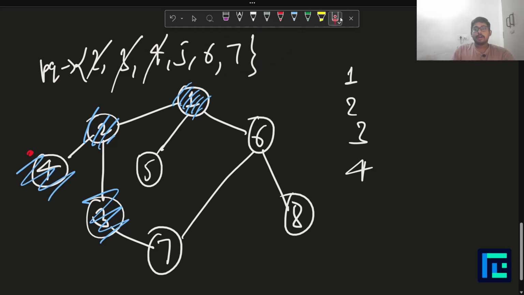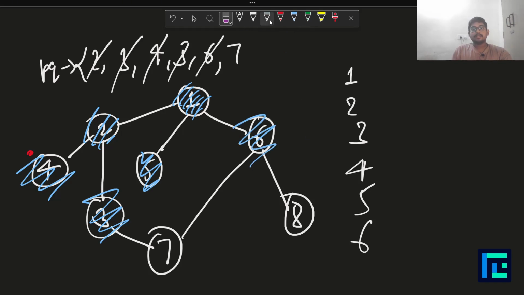Here there were no unvisited nodes adjacent to 4, so nothing got inserted. Then visit 5, which has nothing adjacent. Visit 6, insert its adjacent node, so 8 gets inserted here, and then visit 7, visit 8.